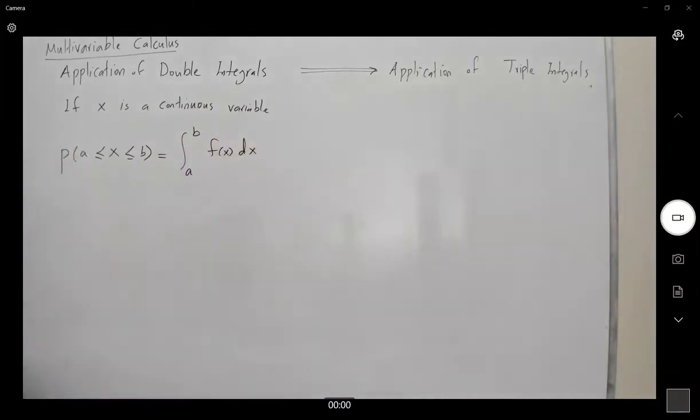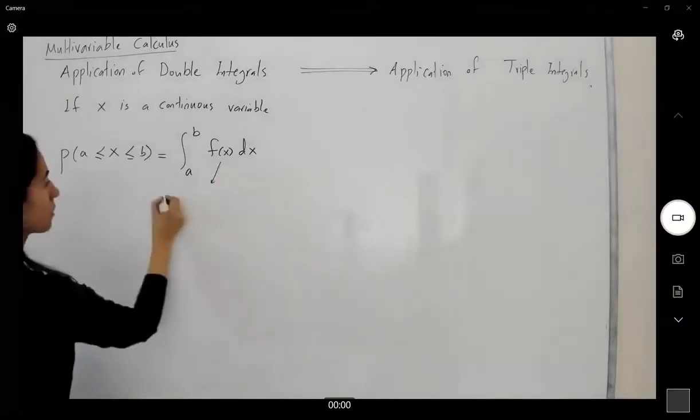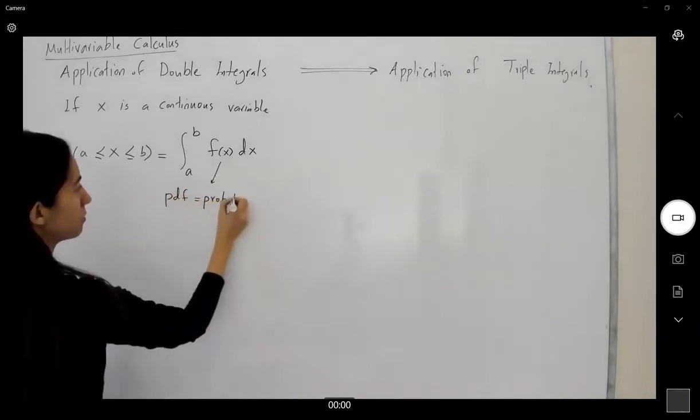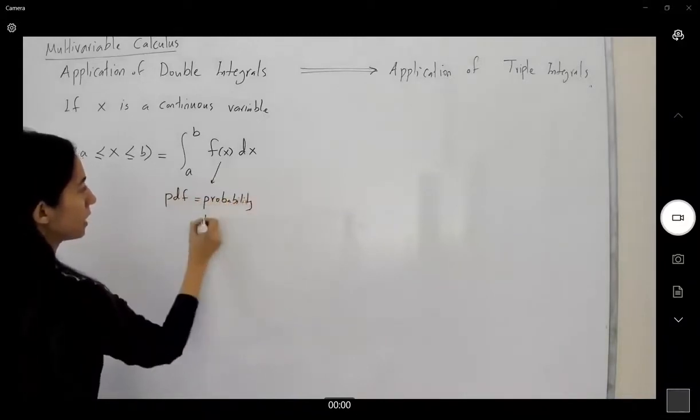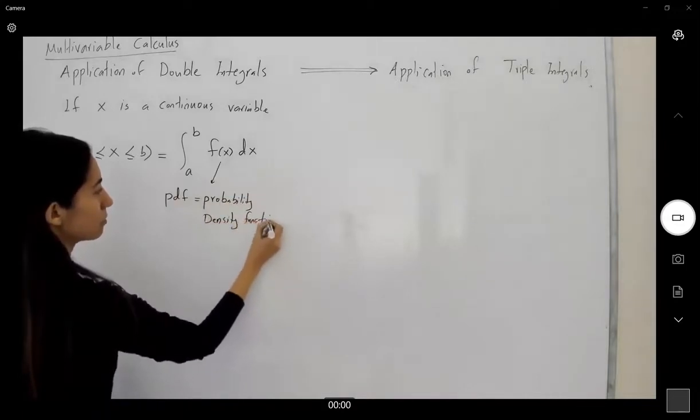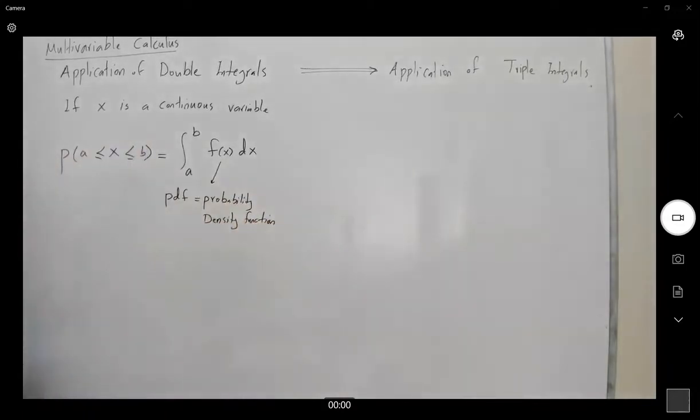And f of x is a function of variable x, called the PDF, or probability density function. So here you have only one variable, one random variable.